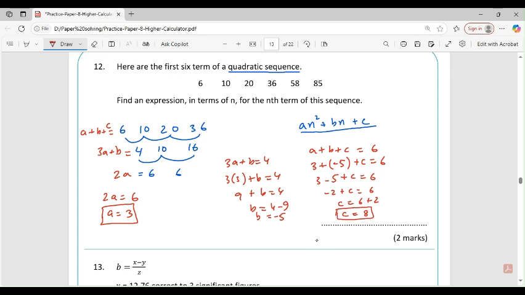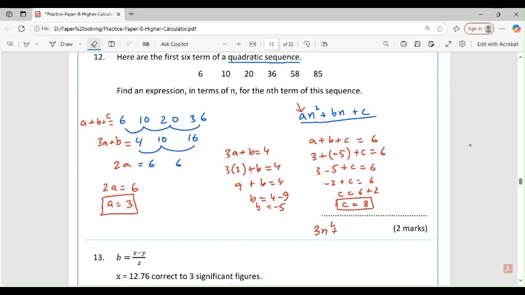So what we can do is, the first value a is 3, that means 3n square. As you can see, the value of a is 3, so we'll write it like this. And the value of b is going to be negative 5, so I should remove this plus sign from here.